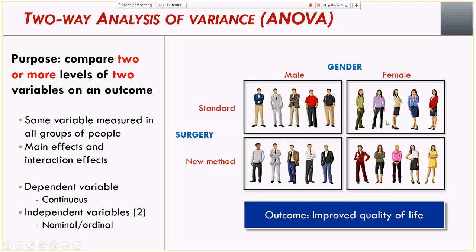So it allows you to look at each of your 4 cells here and determine if the improvement in quality of life was specific to one of the cells. So that is the two-way analysis of variance, and as I mentioned, there are factorial analyses of variance, which start introducing more variables and more levels. I've seen a 2 by 2 by 3 by 5 by 3 analysis of variance before. Interpreting that takes a long time to wrap my head around.